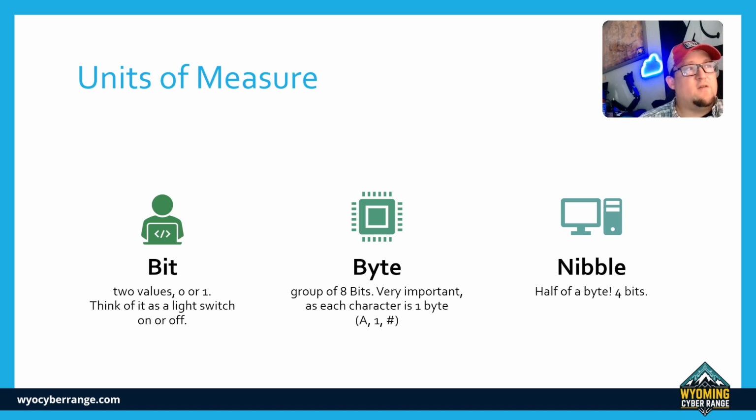And of course, I always love to bring up that a nibble is 4 bits. Will you be tested on that on the exam? Most likely not, but I love it as a bit of trivia. If you ever get a trivia question asking what is half a byte, it is 4 bits, otherwise known as a nibble.